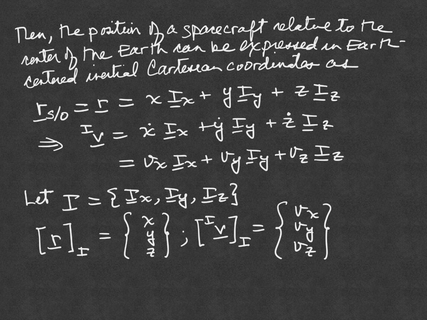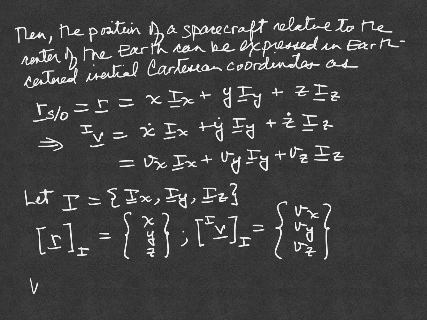Now this starts the description of the orbit in space. So first what we've done is we've described the position and velocity in terms of this Cartesian coordinate system, which has its origin at the center of the Earth, and it's inertially fixed, and we get these six quantities. So we have six quantities, three that describe position and three that describe velocity, and they are in a Cartesian coordinate system.